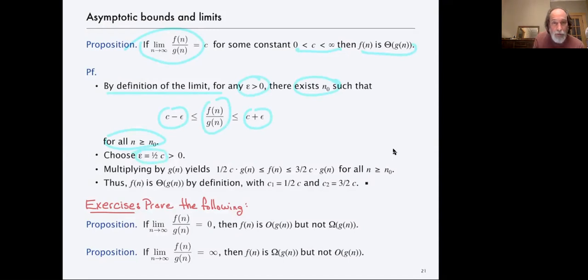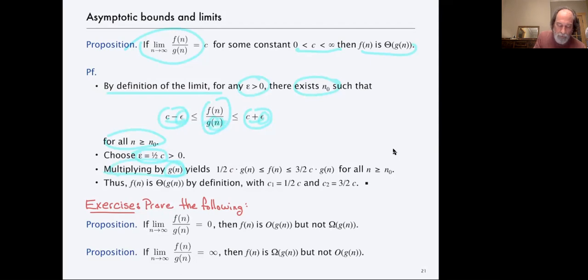So I can plug in the value of epsilon here. What do I get? c minus half a c is a half a c, and c plus a half c is 3 half c. So I get two constants that I know. And I'm going to multiply everywhere by g of n.